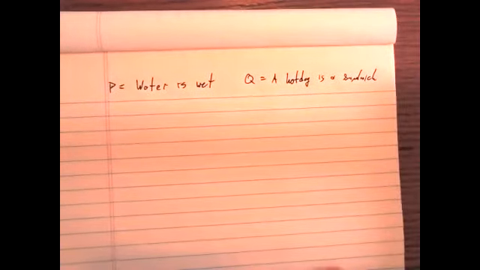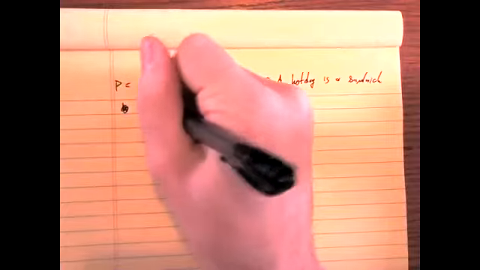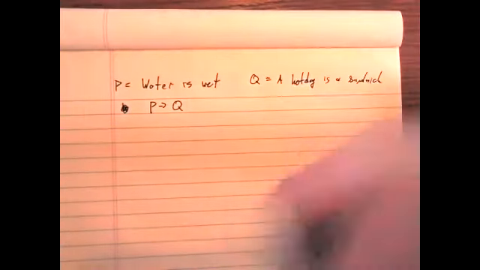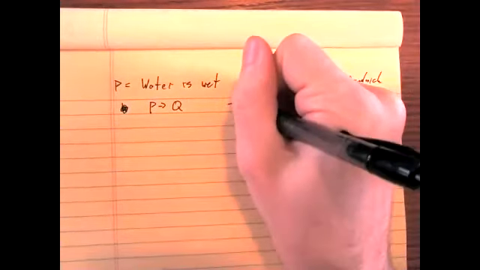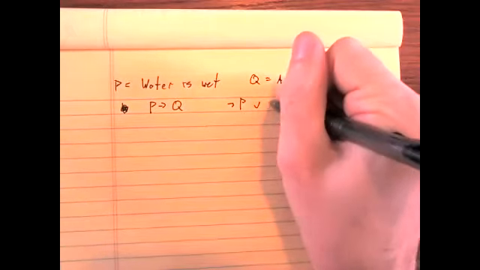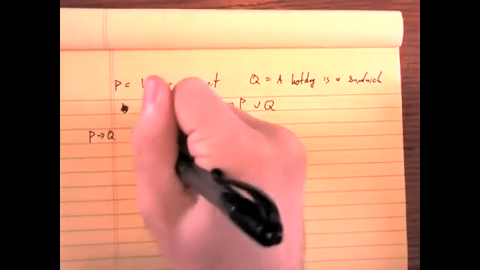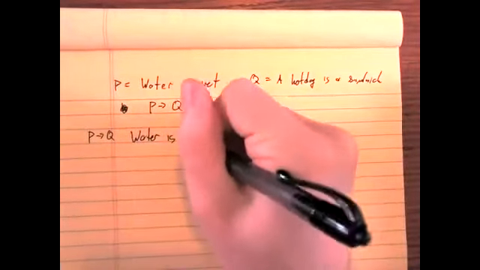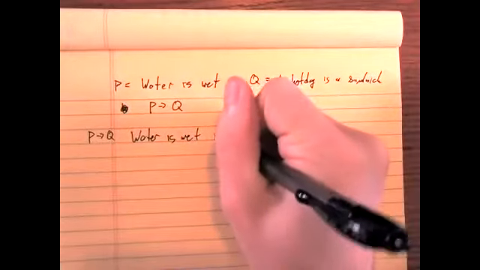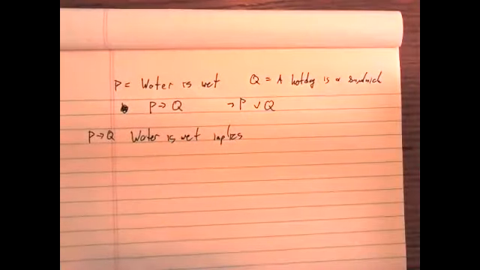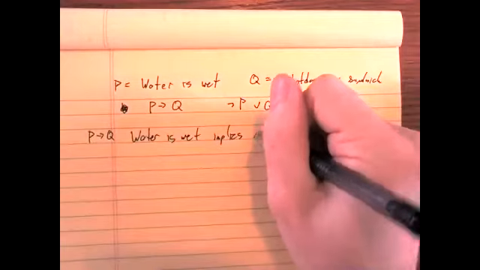So let me construct two different propositions. Here's P implies Q, and here is not P or Q. So P implies Q is: water is wet implies a hot dog is a sandwich.